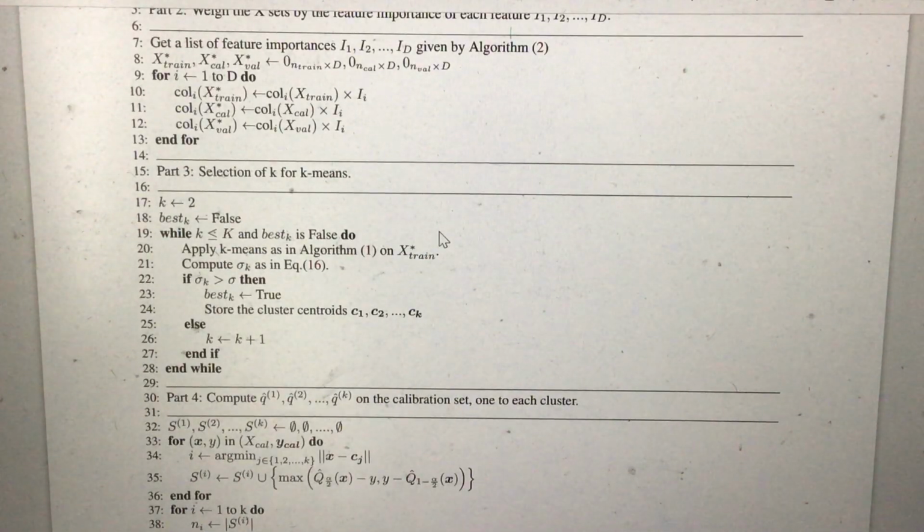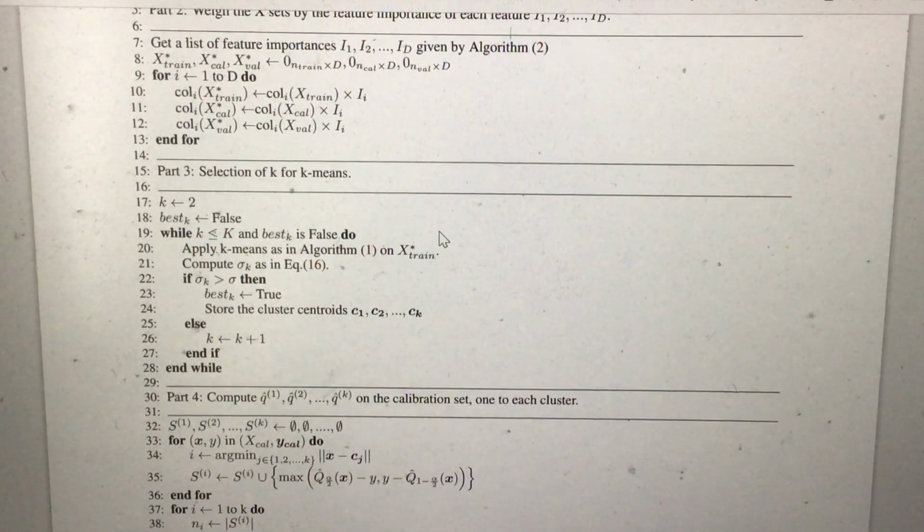Okay, so if sigma K is larger than sigma, then the best one will be true, and we'll store the cluster centroids C1 to CK. And otherwise, we'll just increase the number of groups.